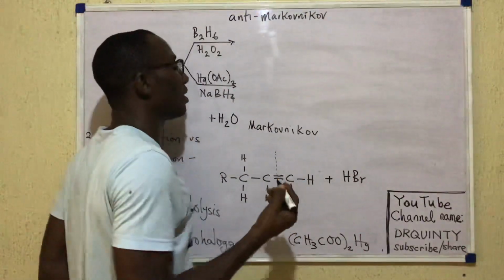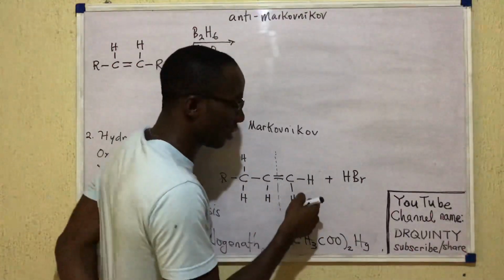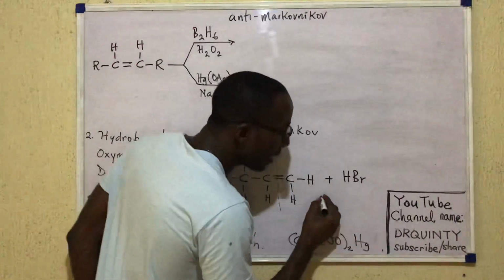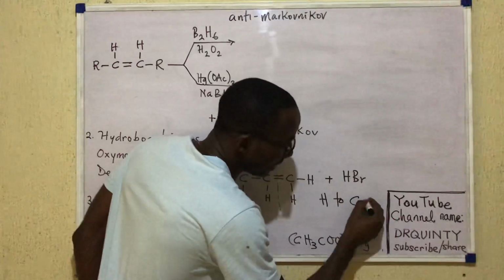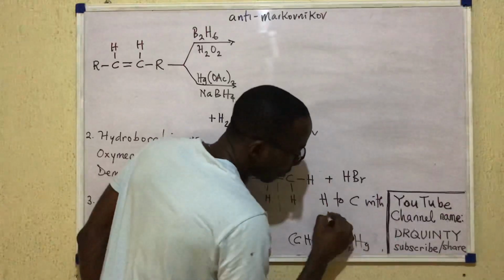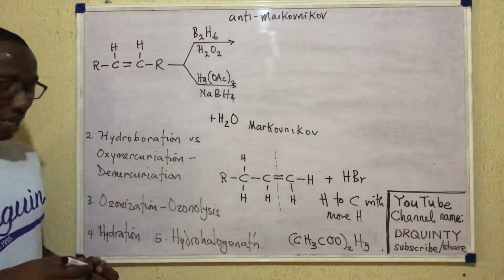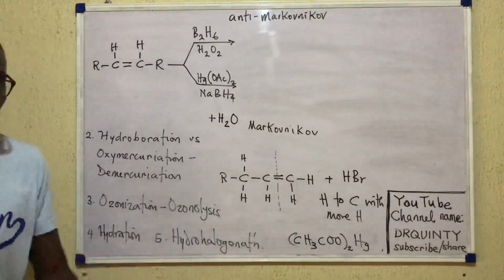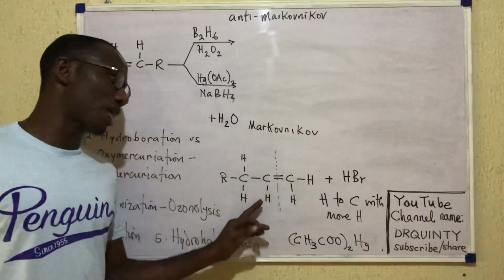Markovnikov's rule can be stated in many ways, but I'd like to state it this way for this very situation. I'd like to say, add the H to the carbon that already has more H. To whom much has been given, more will be given, in that this carbon has two hydrogens, but that carbon has one.